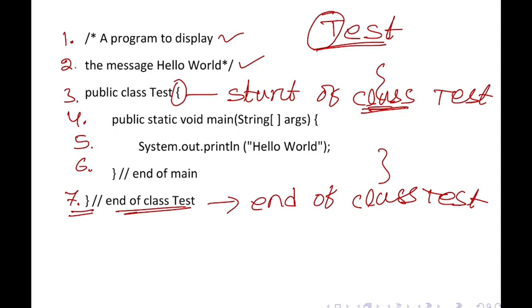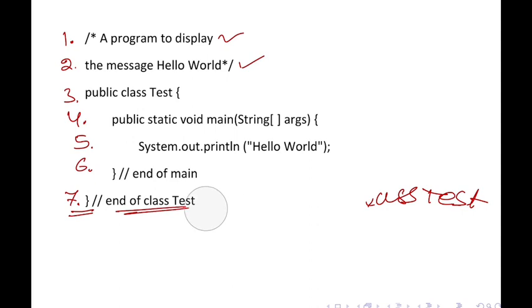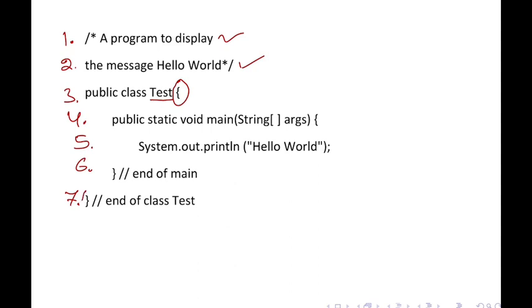So let me erase the things. Okay. This test is the name of the class, and the left curly braces or opening curly braces signals the start of class test, and the corresponding right curly braces at line number 7 signals the end of class test.